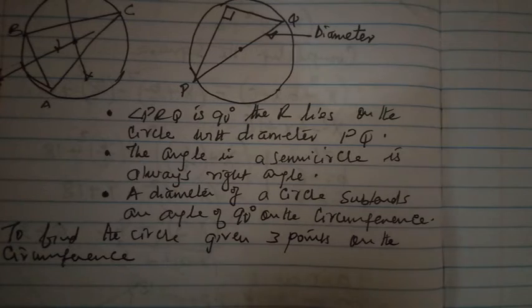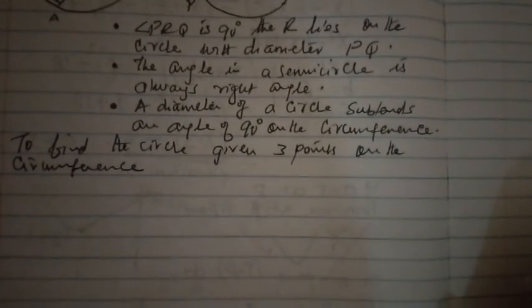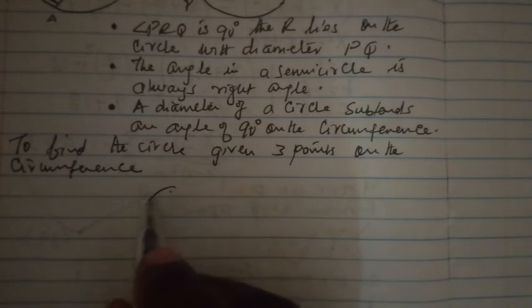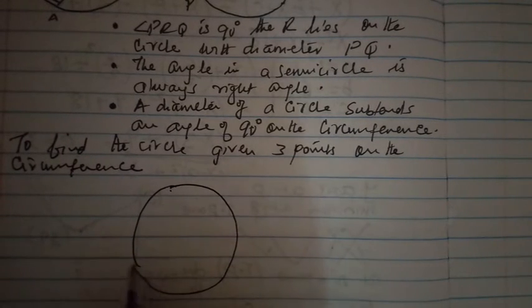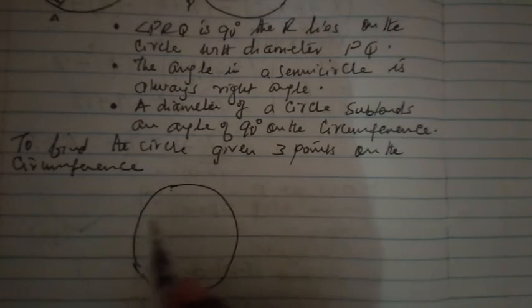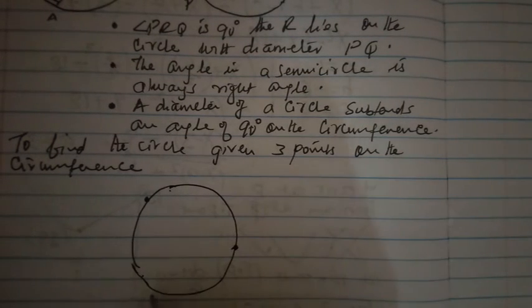Well, you could be having a circle like this. Let's just have an example of a circle that looks that way. You could be having that point, this point, you could be given this point.